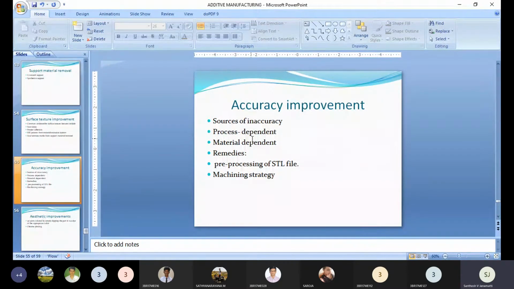The process engineer, the person who controls the process, is very important here. If the person controlling the entire process is not skilled or technical, there will be chances of inaccuracy in the 3D product. As a result, we can expect poor quality.